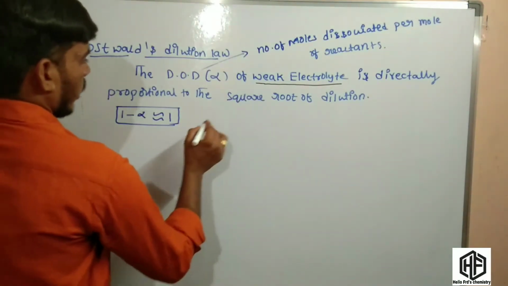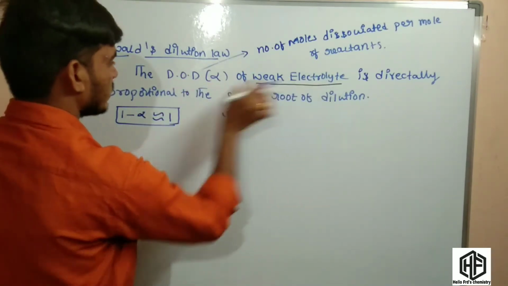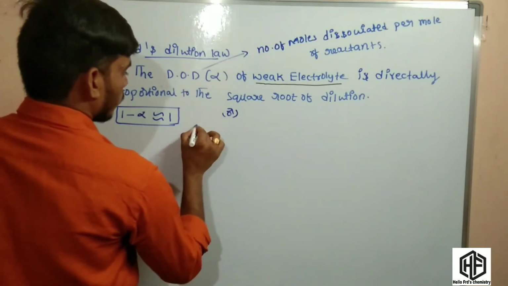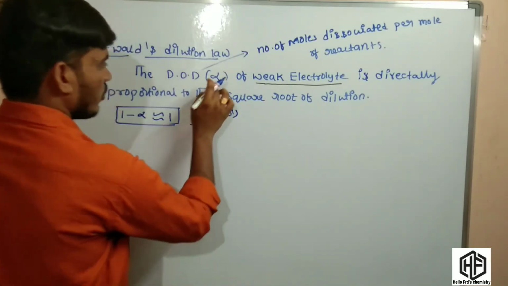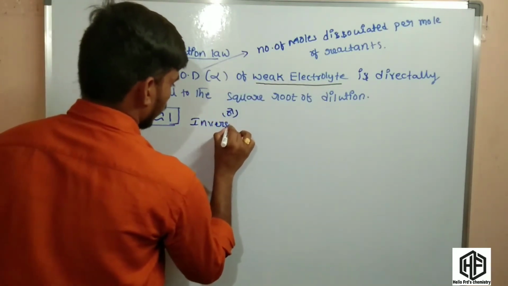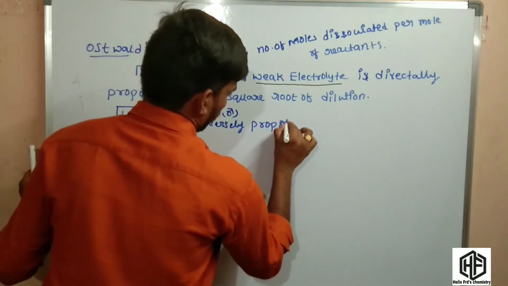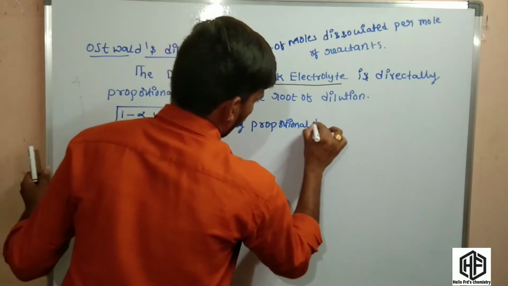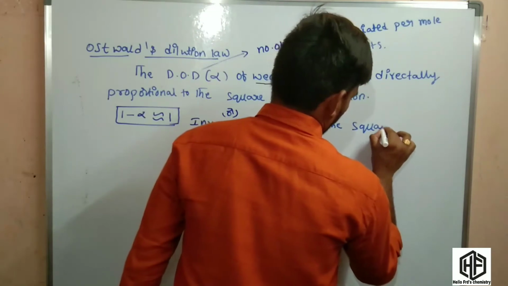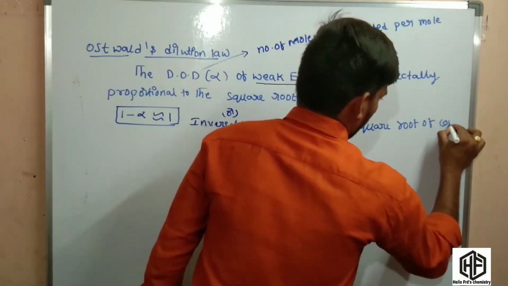Friends, one more important point: the degree of dissociation of a weak electrolyte is directly proportional to the square root of dilution, and it is inversely proportional to the square root of concentration.